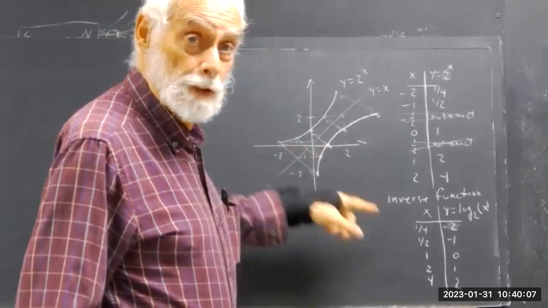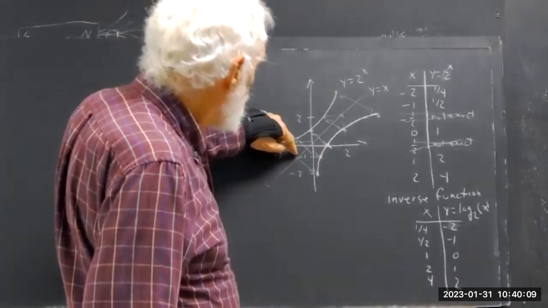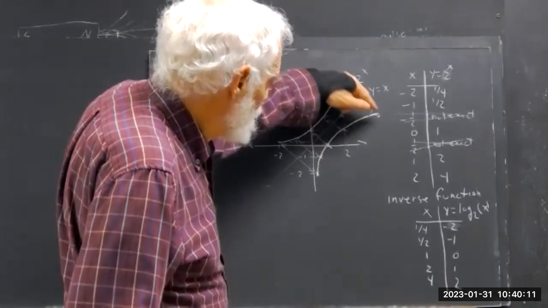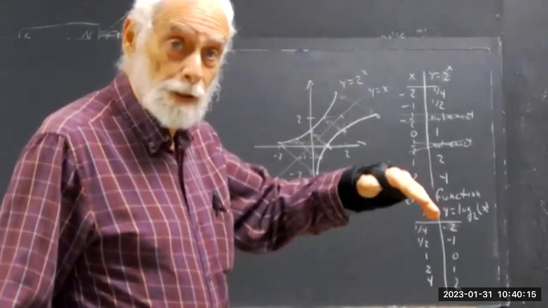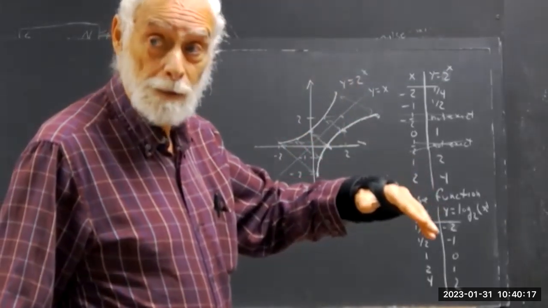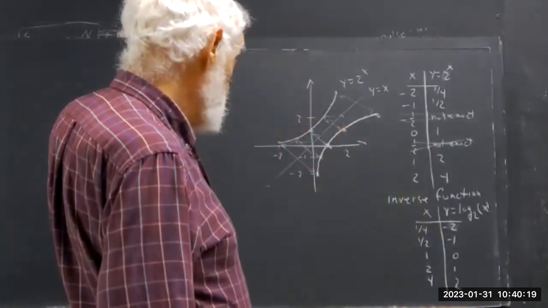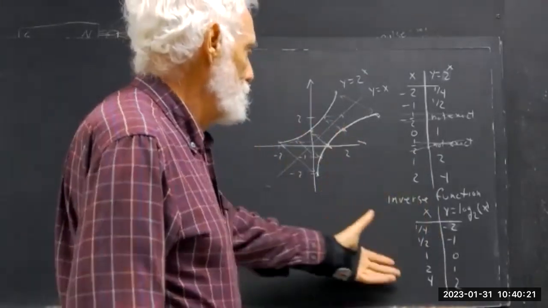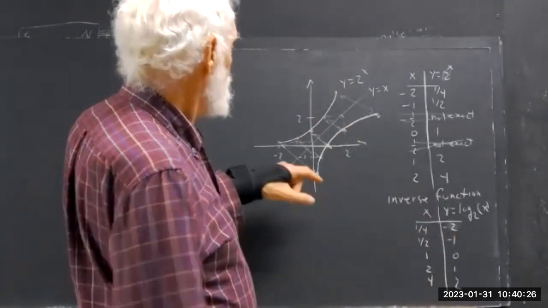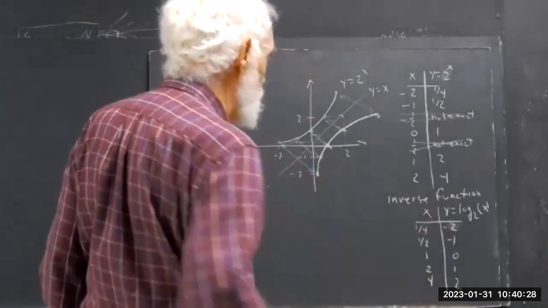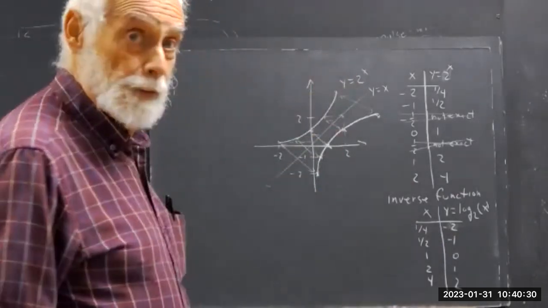Just like a mirror reflection. And all these angles will be right angles. All these lines will go across the y equals x line at a right angle. Okay, 90-degree angle. There's a picture of how points reflect. You draw an accurate graph, equal scale on your x-axis and your y-axis. It's going to work out like this.